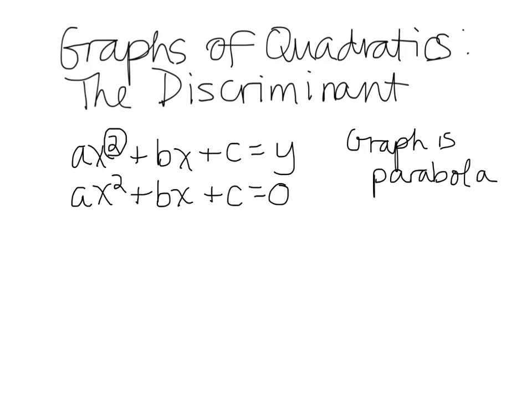But as you can see, when we line up these forms, the only thing that's different is in one, we're saying y because it's all of the points that make that equation true, all of the x's and all of the y's. But when we're solving this equation, we're really finding the solutions, or the x's, that will make the equation equal 0, will make y equal 0.